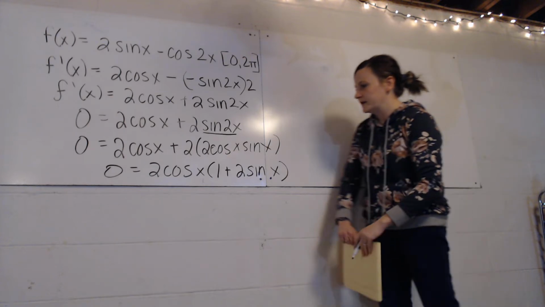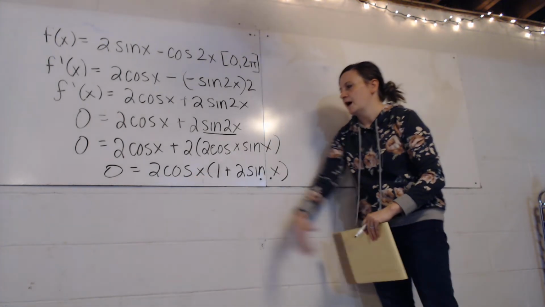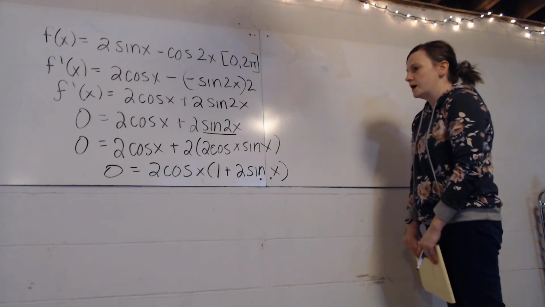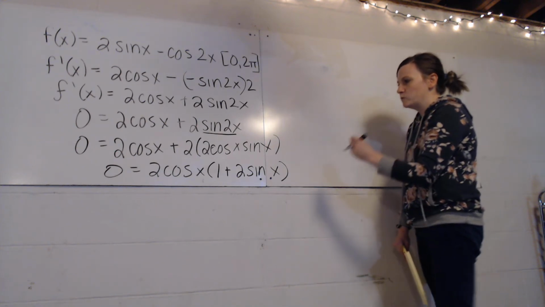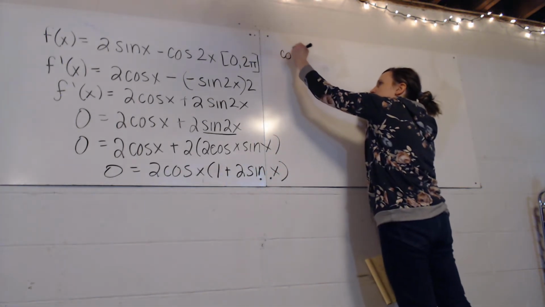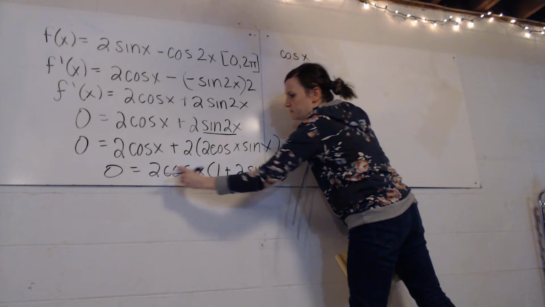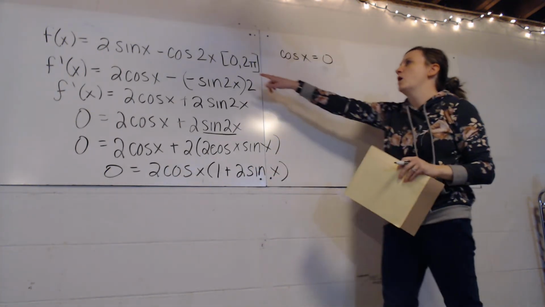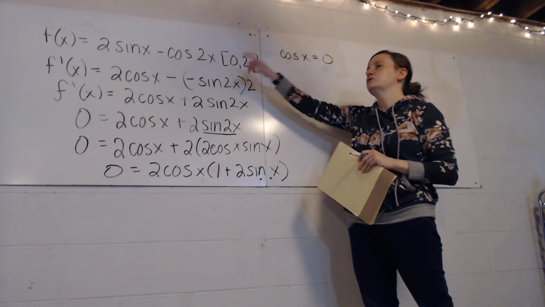I'm going to solve this to find those critical points. Okay, so when I look at this full function, I'm seeing I could have several critical points. I'm going to have a critical point when the cosine of x is 0, right? Because then that makes this whole term 0 and I multiply by 0. So where does the cosine of x equal 0 on this closed interval 0 to 2 pi?